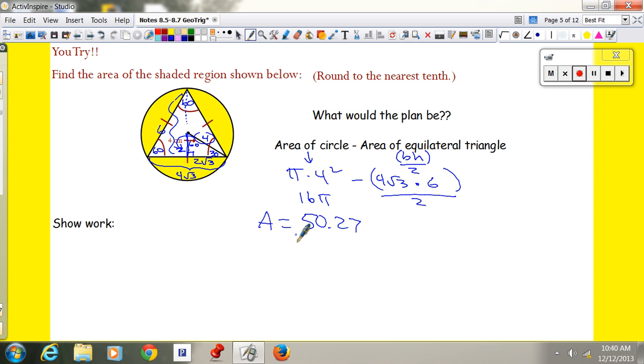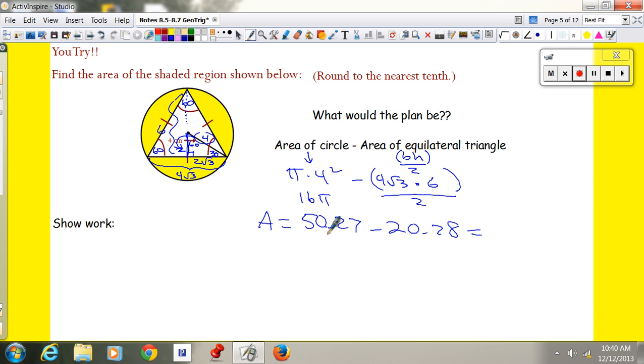So 4 radical 3 times 6, and then divided by 2 is going to give me the area of the triangle. 4 radical 3. We're going to multiply it by 6, and then we're going to divide by 2. Get 20.78.